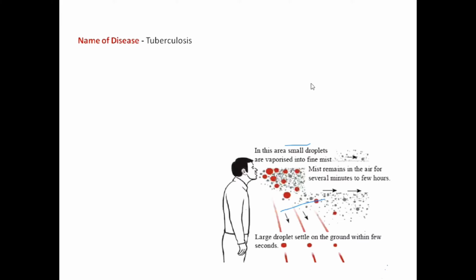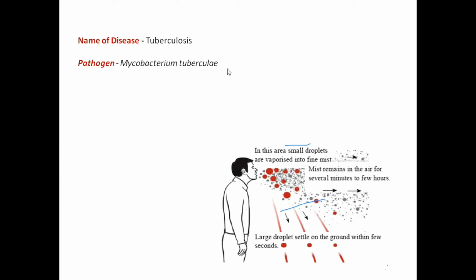The first disease is tuberculosis, which is short-formed as TB also. Now the pathogen responsible for that is Mycobacterium tuberculosis. As we have studied in the earlier standard, there are certain microbes, in the sense some viruses, bacteria or fungi.